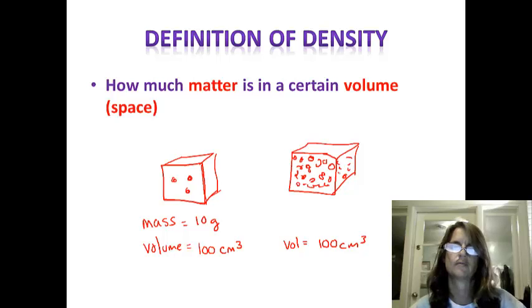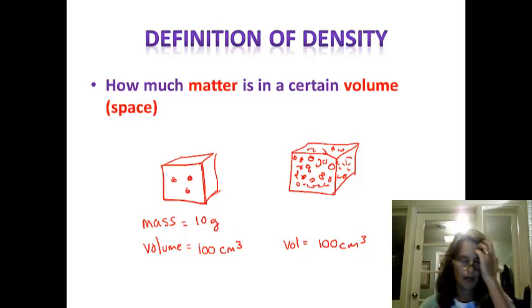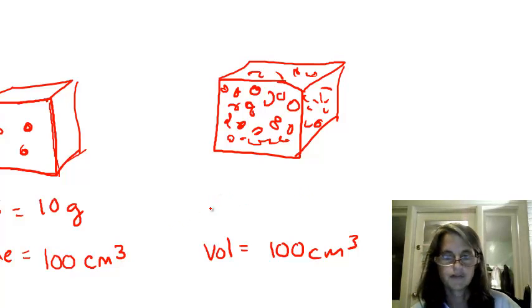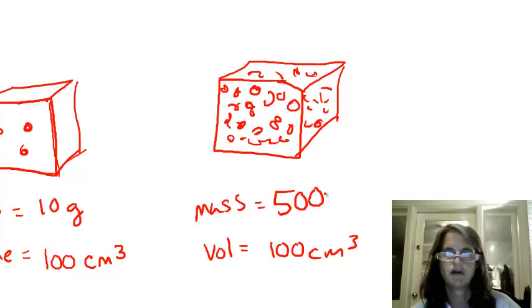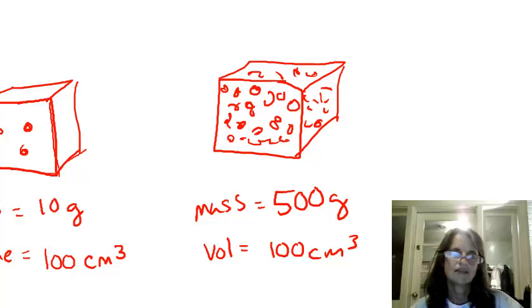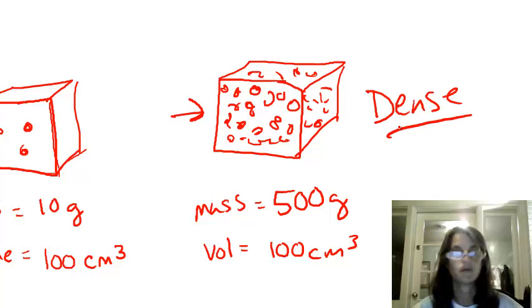There's no place where there's not a marble, okay? Packed full. Now, if I mass that box, you can imagine there's going to be considerably more mass in that box than there is in the first one. Maybe the mass of this box might be 500 grams because there's so many marbles in it. Same amount of space in each box available, but this box is much more dense with marbles.